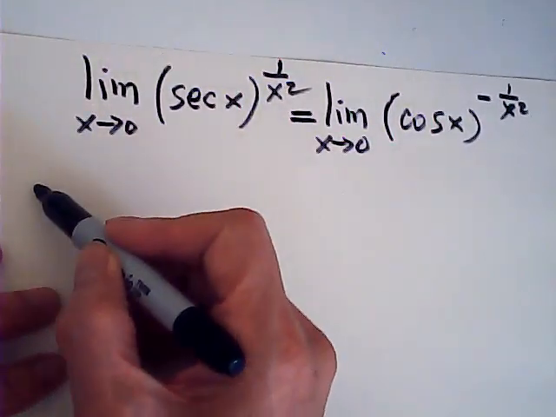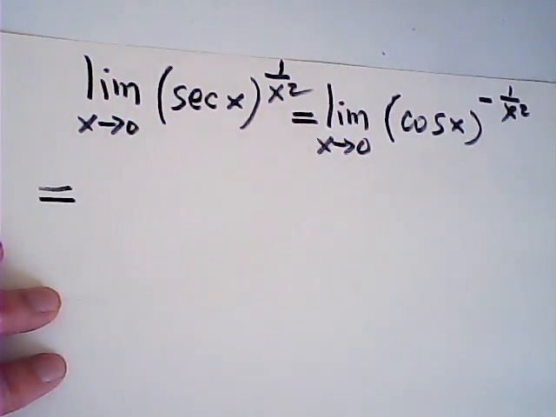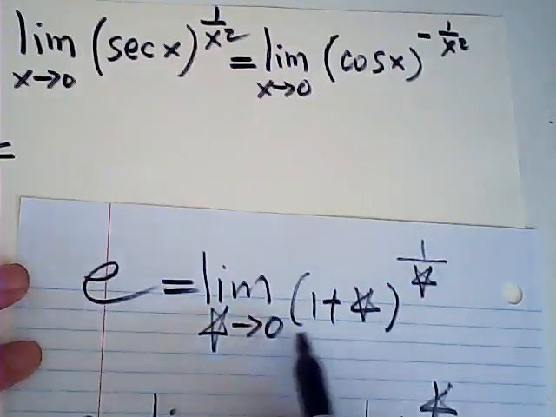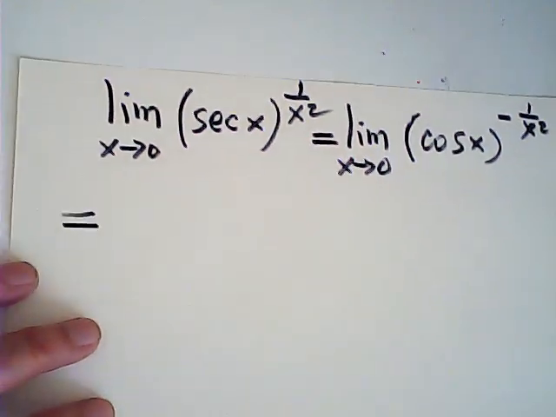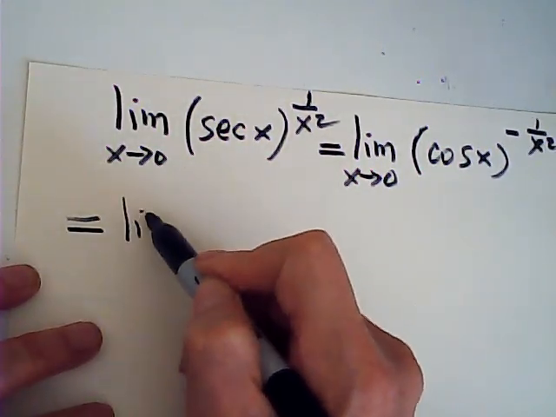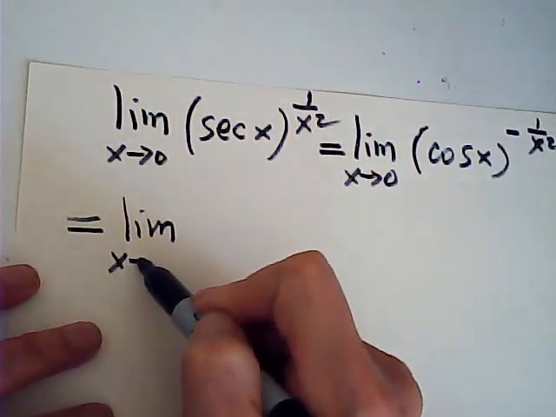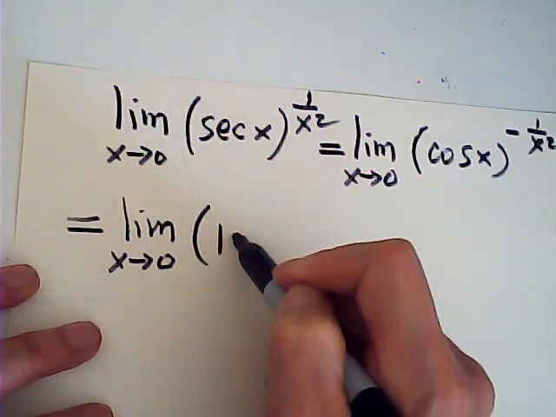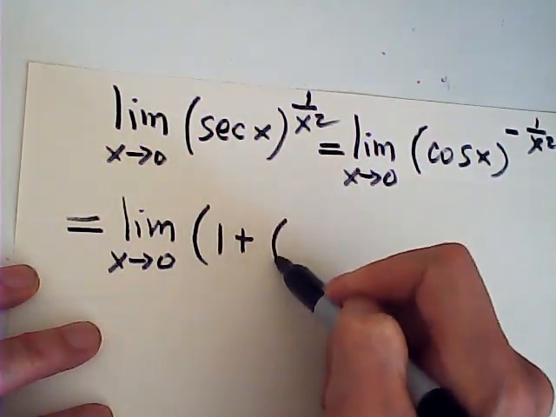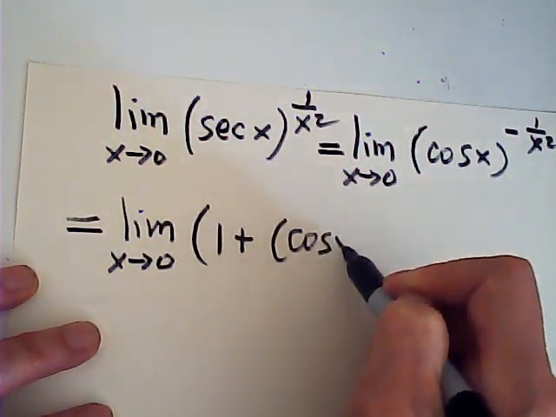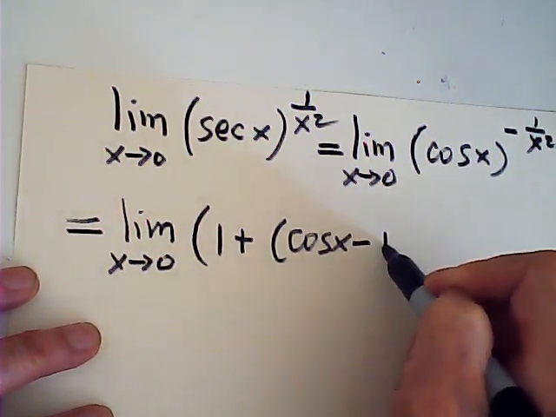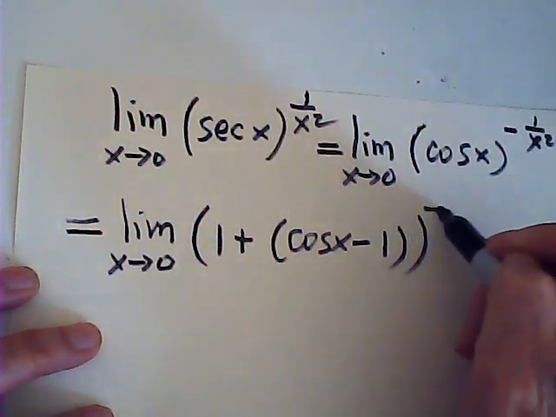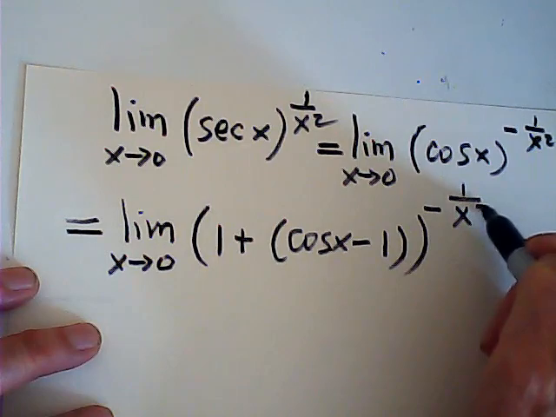I try to create this formula. This means the limit x goes to 0, I need a 1, right? 1 plus cosine x minus 1, to the negative 1 over x squared.